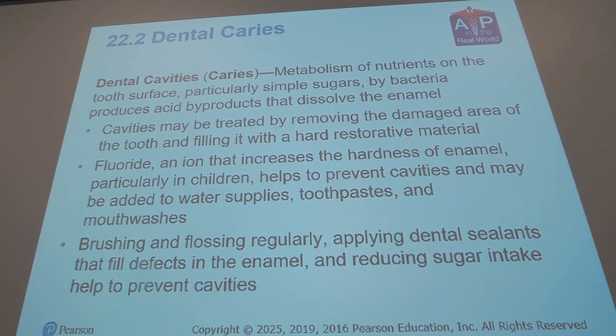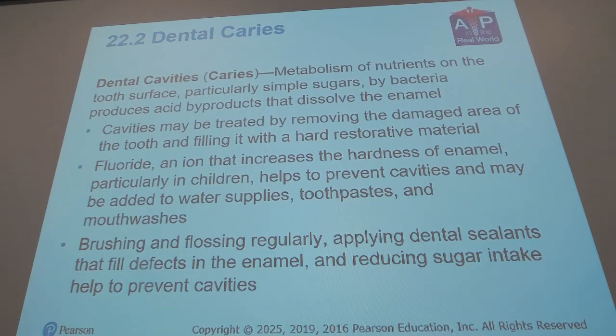But if our diet is rich in processed foods that contain a lot of sugars, the bacteria that live in this oral cavity can produce acids as a byproduct of the metabolism of the glucose, or these sugars from the foods that we ingest, and that will erode the enamel. So it's not a good idea to eat a lot of candy, for instance, or processed foods that are rich in sugars.